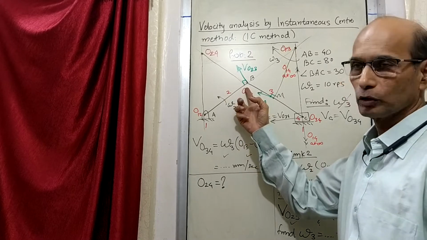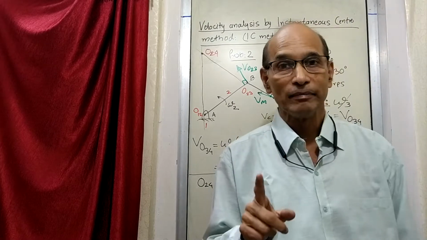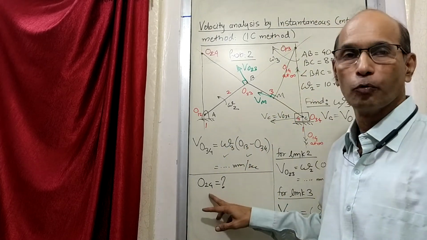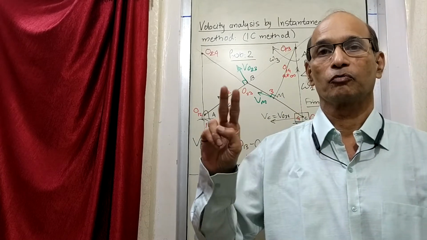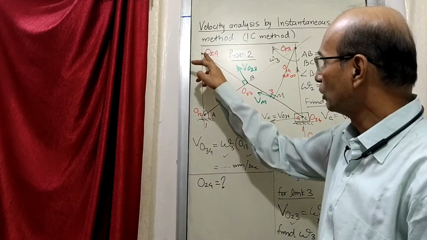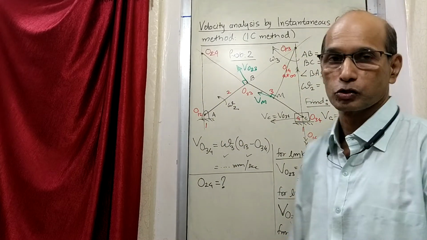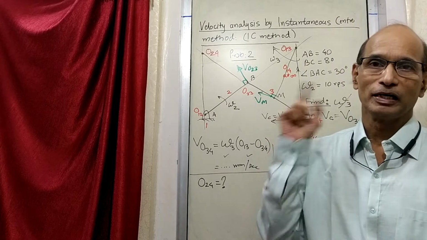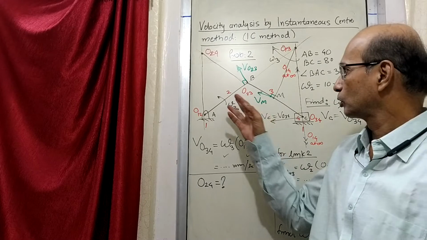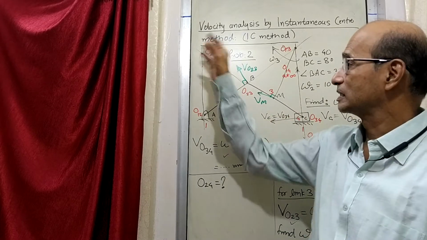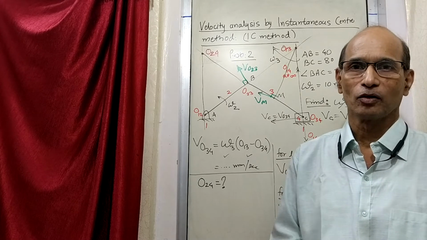On the same lines, you can say that point O24 is a point which belongs to link number 2 and link number 4. Now can you see it lying on these two links? You will ask where it is lying. It is not lying on link number 2 or link number 4. It is somewhere else. So are we saying something wrong?